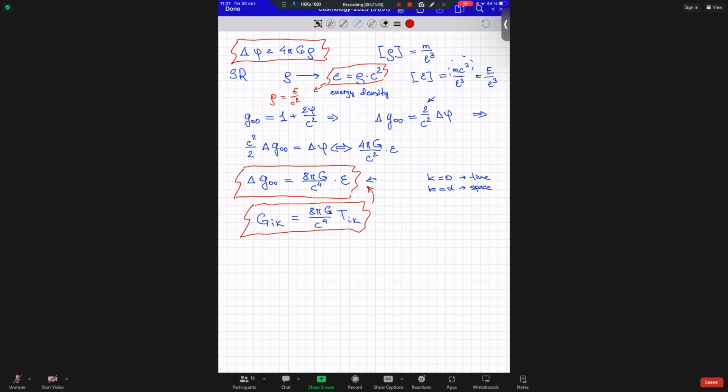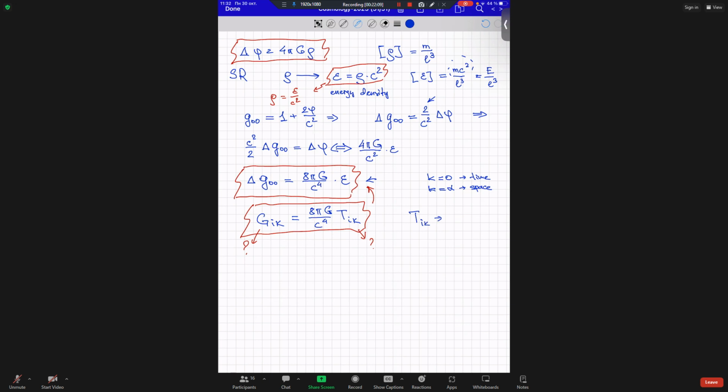Okay. Now we need to understand, but what exactly should be this tensor? What is this? This is of course a question. About this one, we can in principle understand that it should be the energy momentum tensor. So in principle, in advance, we can write T_ik, because for matter we have only this tensor.